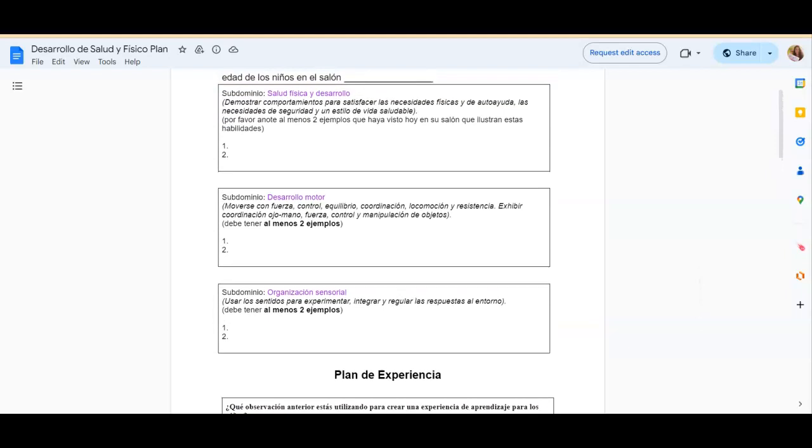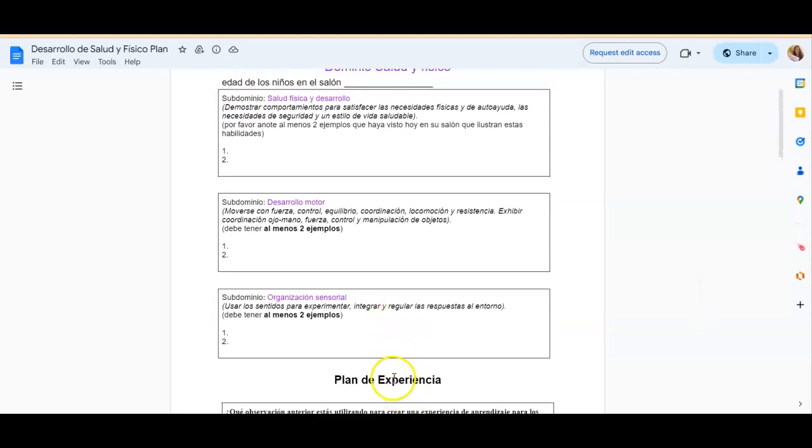But I need to see that whatever plan you create is based on the highlighted observation that you had first. So first you need to observe, from those observations pick one out of the six, and from that one, create a plan or an experience to work on with the children. And if you're not sure, again, go to those samples that I had.